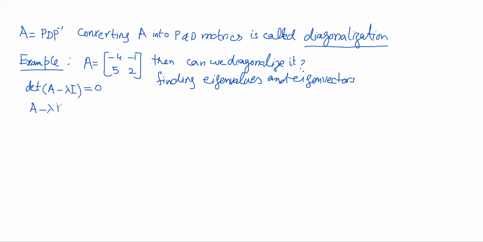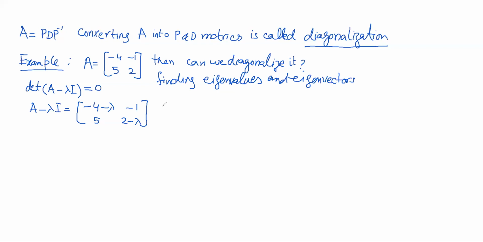It is -4 minus lambda, -1, 5, and 2 minus lambda. So this is the A minus lambda I matrix.